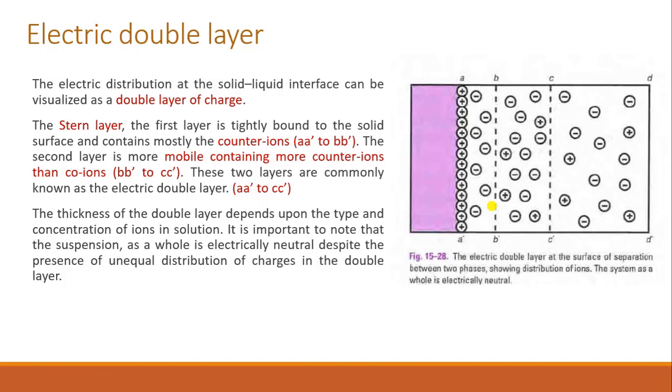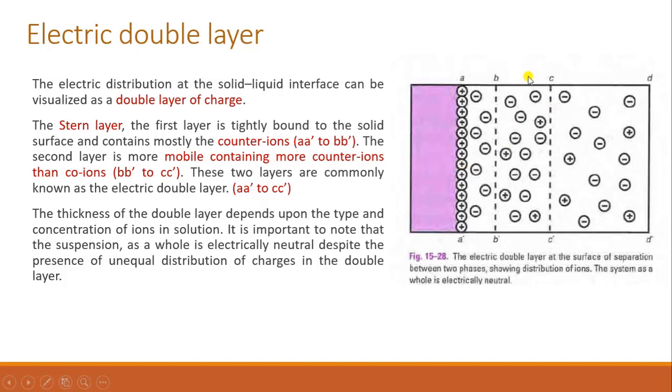The degree of attraction of solvent molecule and counter ion is such that it relatively moves with the surface of the solid particle, and the shear plane becomes BB dash rather than the actual surface AA dash. That's why this portion is called the tightly bound layer. Potential at BB dash is still positive because fewer number of anions are adsorbed in comparison to the cations that are adsorbed on the surface of the solid.